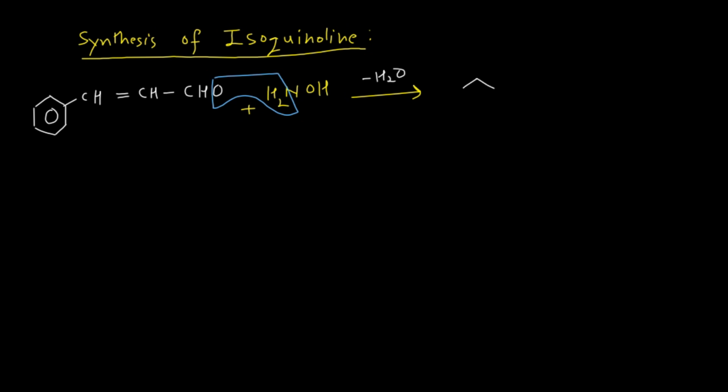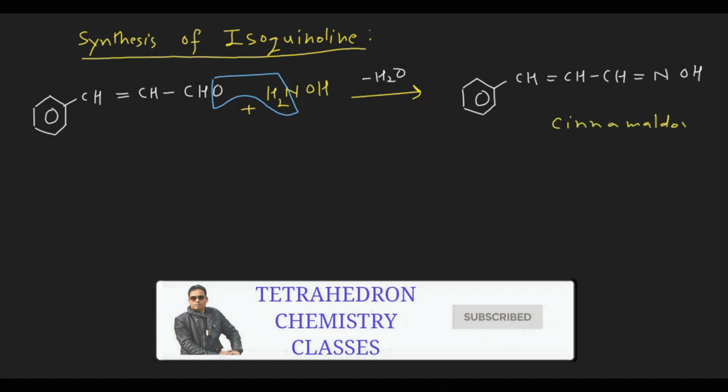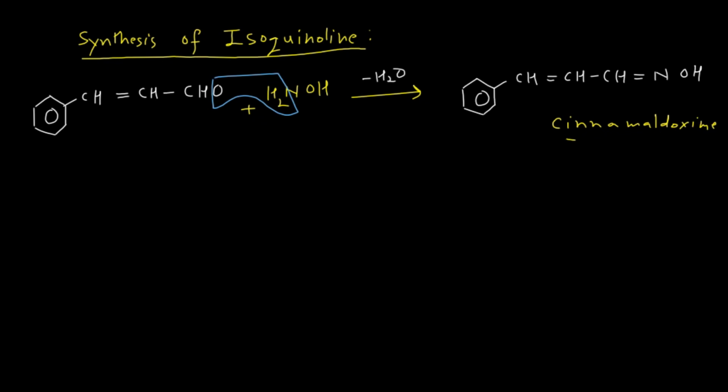And then you see here, this is CH, this is double bond CH, this is single bond CH, double bond NOH. So this compound is basically cinnamaldoxime. You can call it cinnamaldoxime. If you want, I can write here cinnamaldoxime. That means the oxime of the aldehyde.